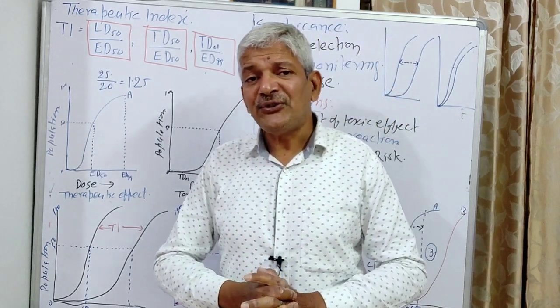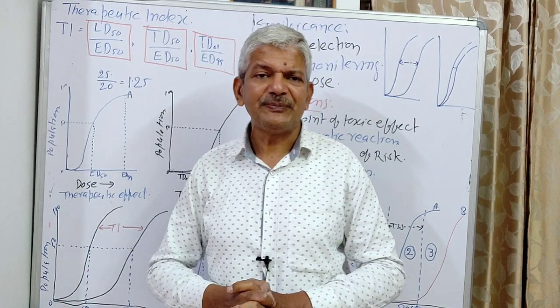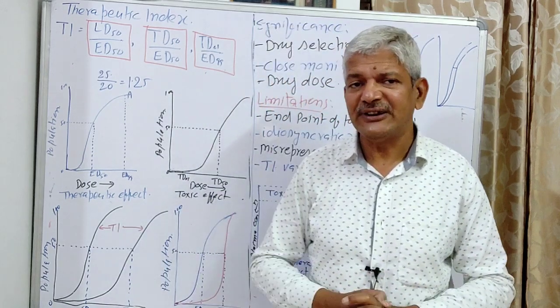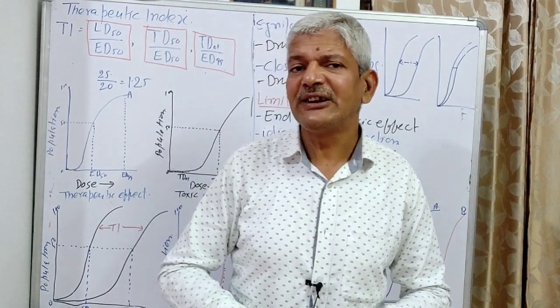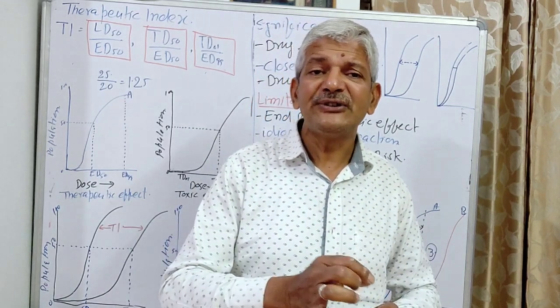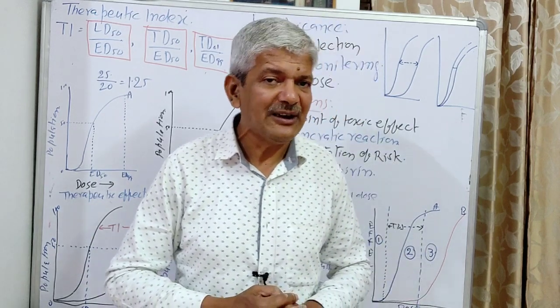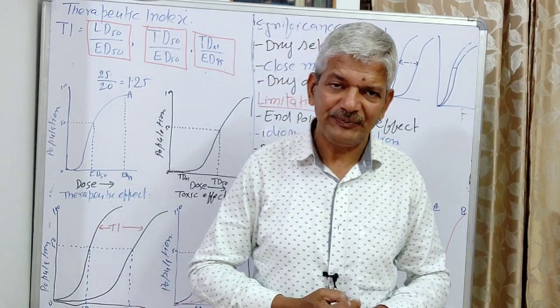The result of LD50 varies from animal to animal, from species to species. One drug may have different LD50 values. It will again create confusion: which LD50 should be used for the therapeutic index? Thus, it is not reliable to calculate the therapeutic index using LD50.